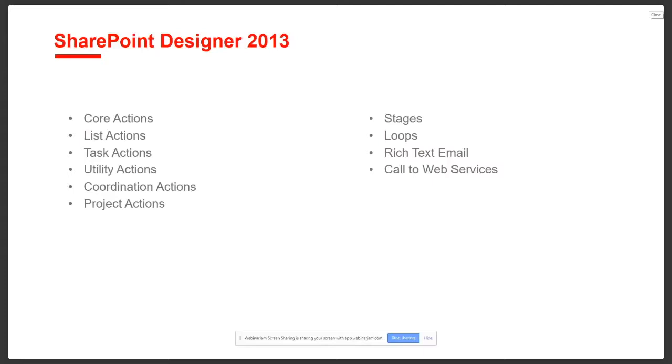The ability to create rich text email, which was lacking from the previous version. So you're going to be able to add links and anything that will be a rich editor to an email. And one that I'm going to demo and that I really use quite a bit when working with SharePoint workflow is the call to web services.